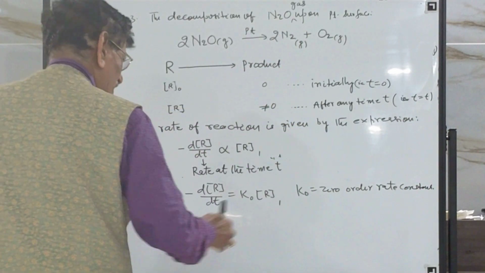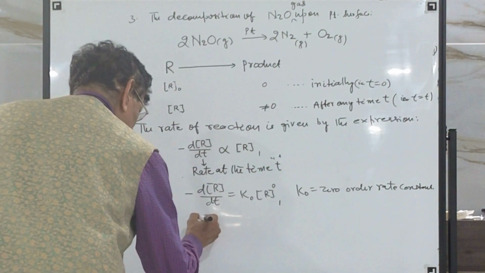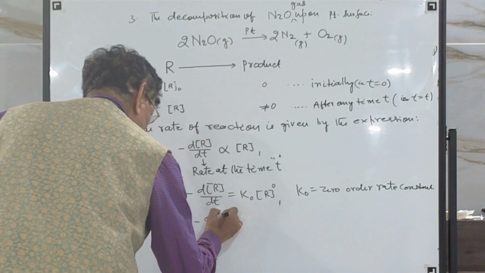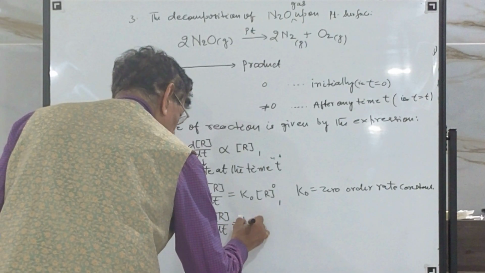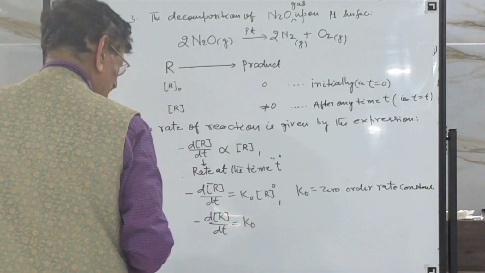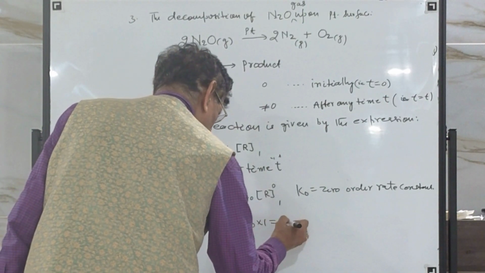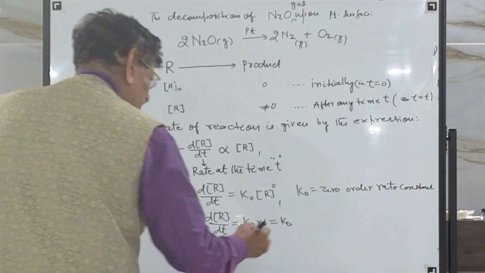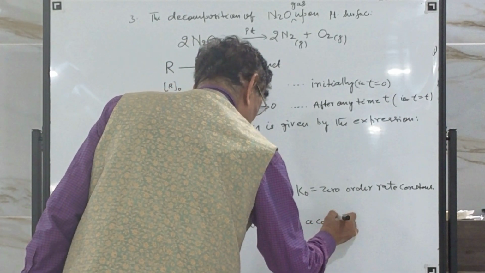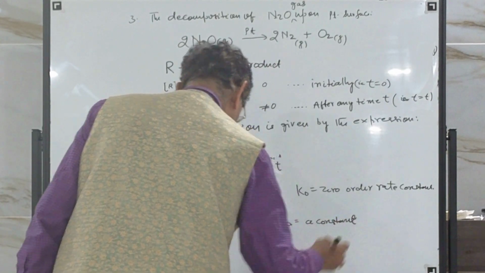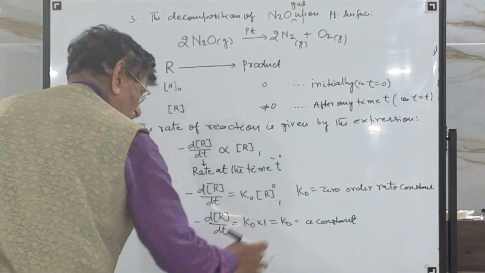Anything to the power zero is one, so minus dR by dt is equal to k naught. This k naught is a constant. As you see, the rate remains constant, equal to k naught. This is the rate, and this is the rate constant.